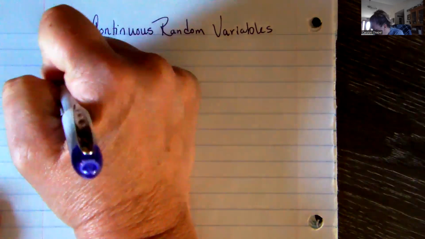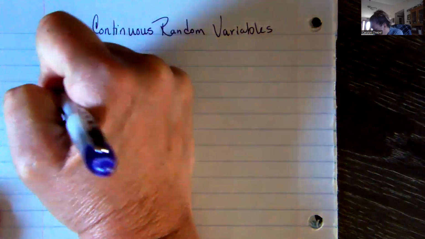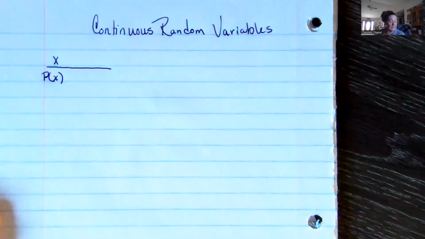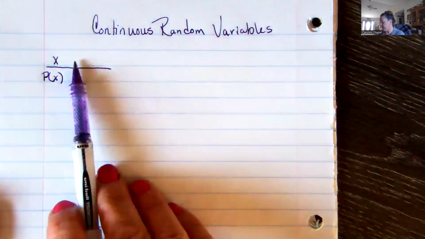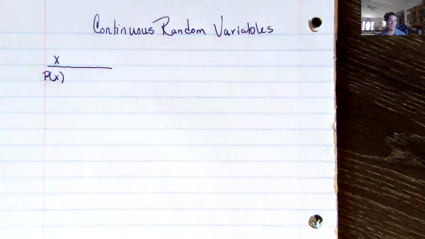We've already talked about discrete random variables. When we had discrete random variables, we could list our possible x's and then the probabilities for each. Sometimes their x's were infinite, and we did have formulas for them, in the case of the Poisson.